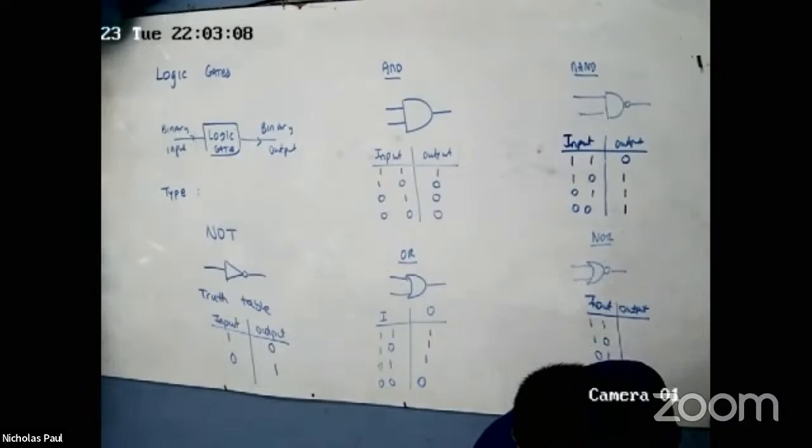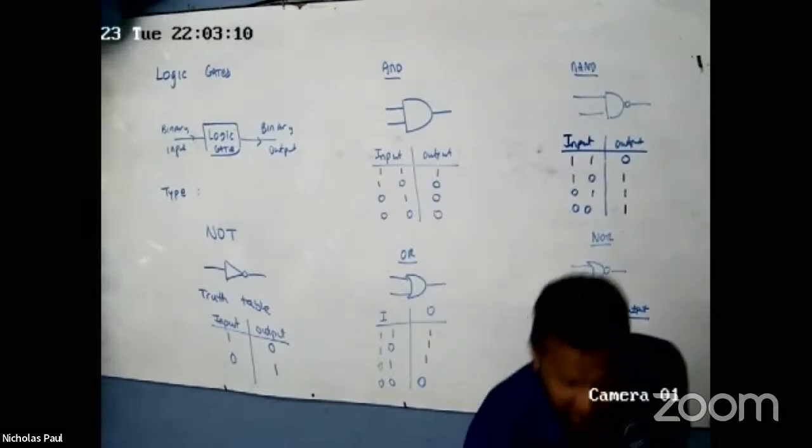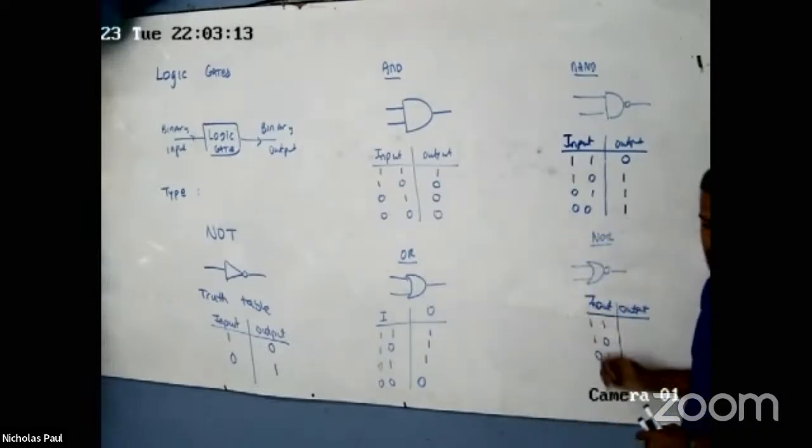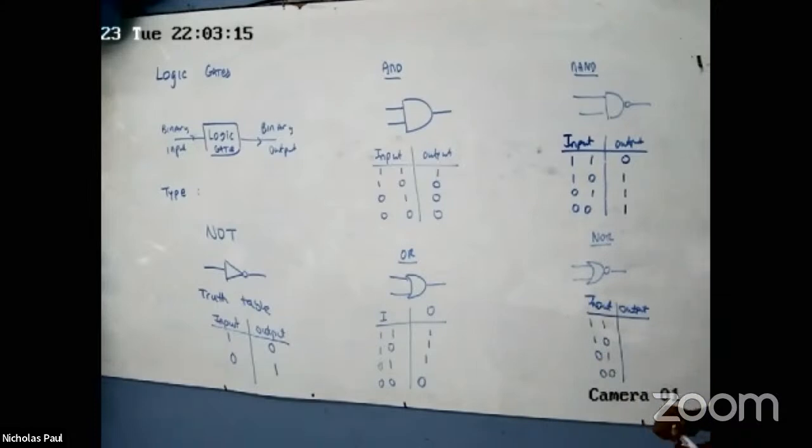Let's see, Avani, message the four numbers that you think the outputs will be. Good. All right, that's right.